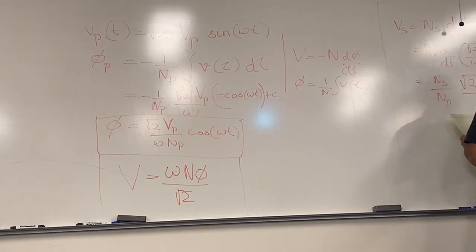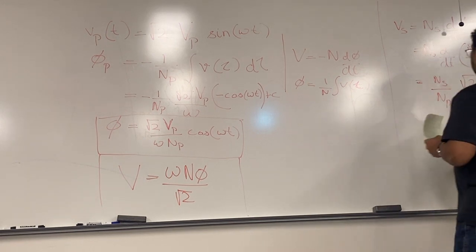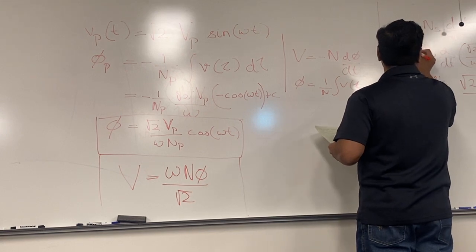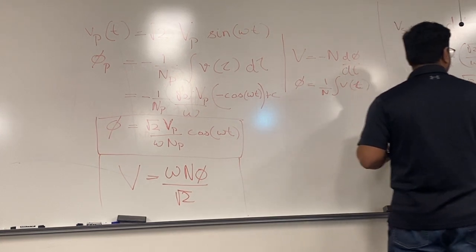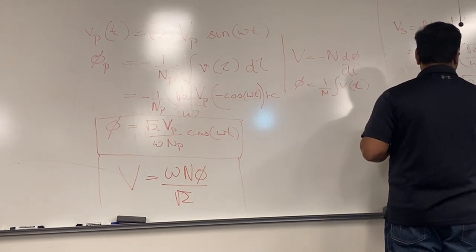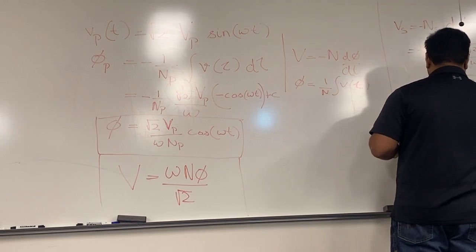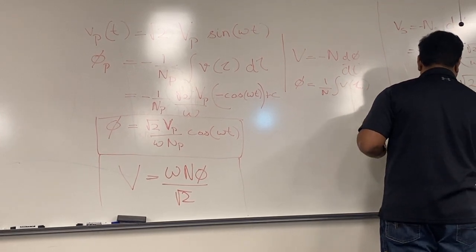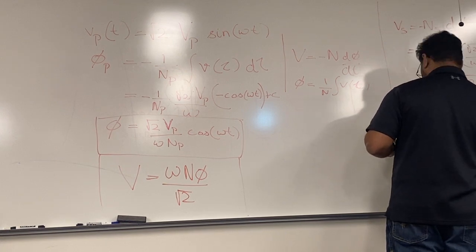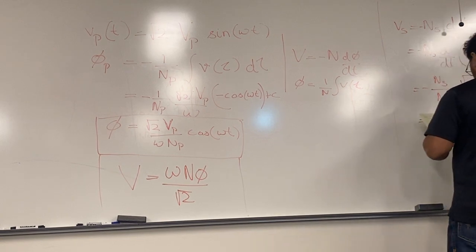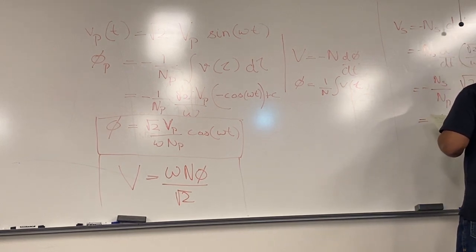And d/dt of cosine omega t, so that leads me to a sine. And all I end up with is NS over NP, root 2 omega VP.